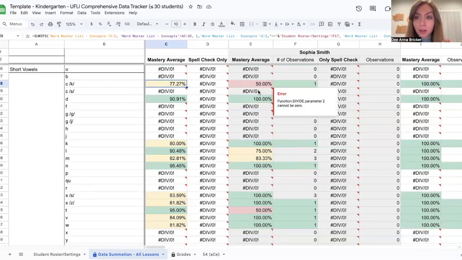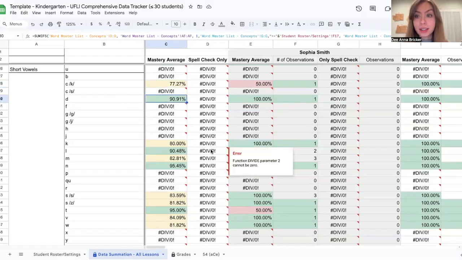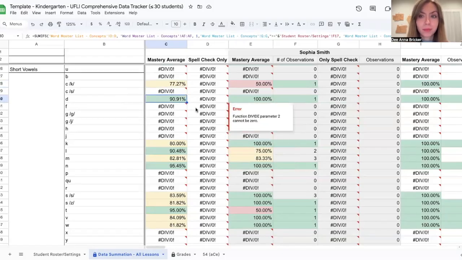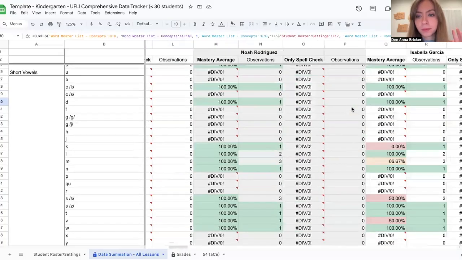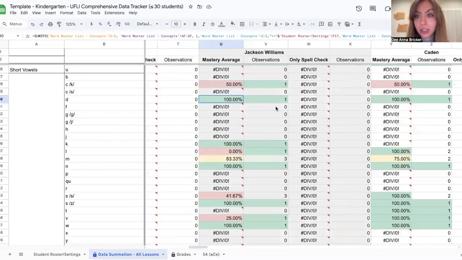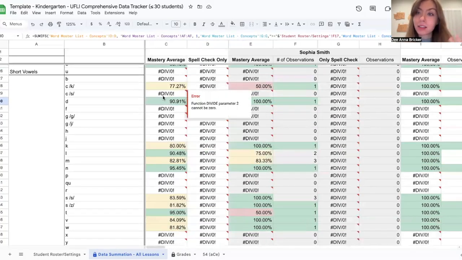You would just want to specify that for words containing D, I guess there's not many digraphs that I can think of with D. Actually, none. For words containing D, the student has 100% accuracy. And that is a legitimate thing to say.